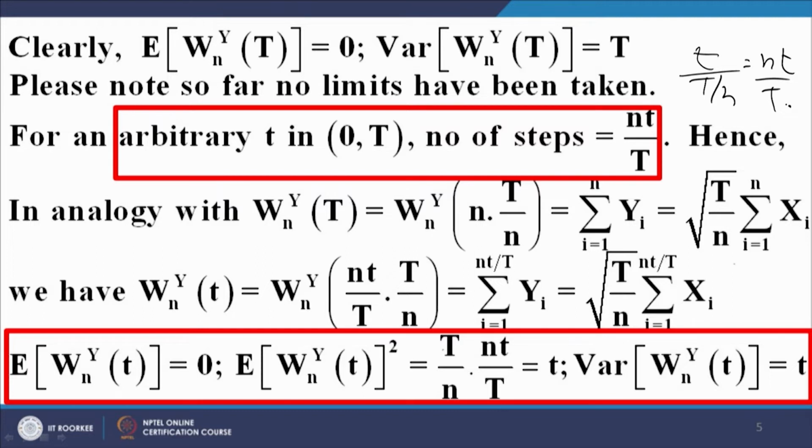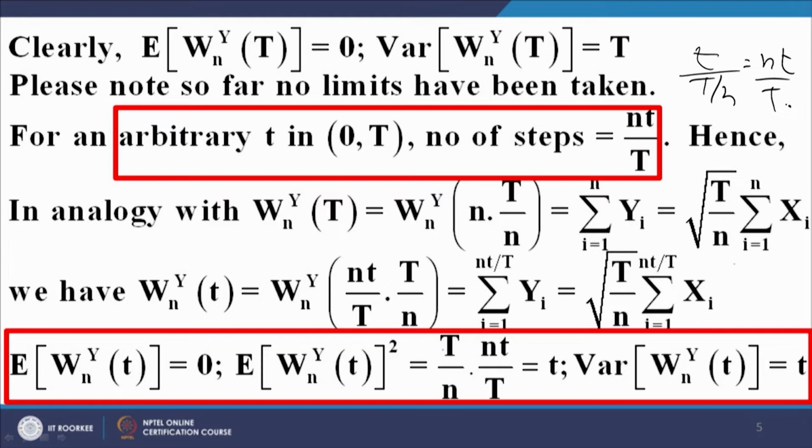Now, each step is modeled by a single random variable y I, first step by y 1, second step by y 2, and so on. So, n t upon capital T steps will be modeled by n t upon capital T random variables.